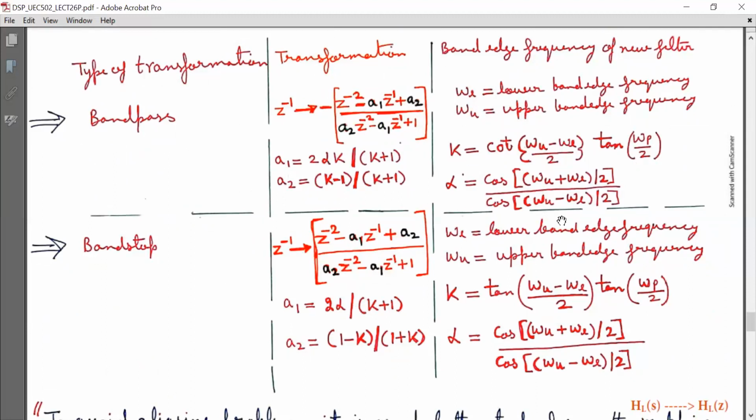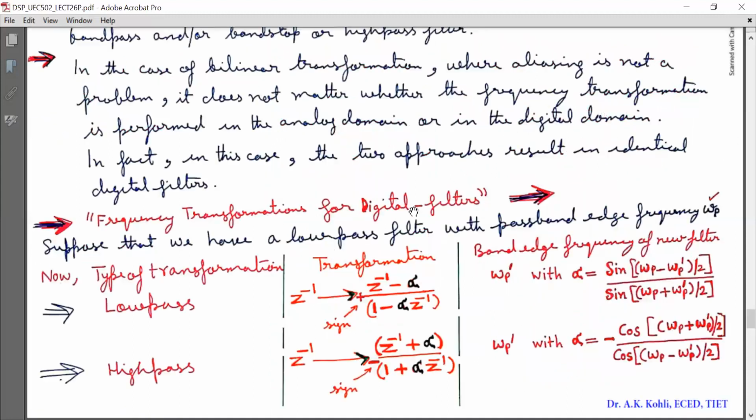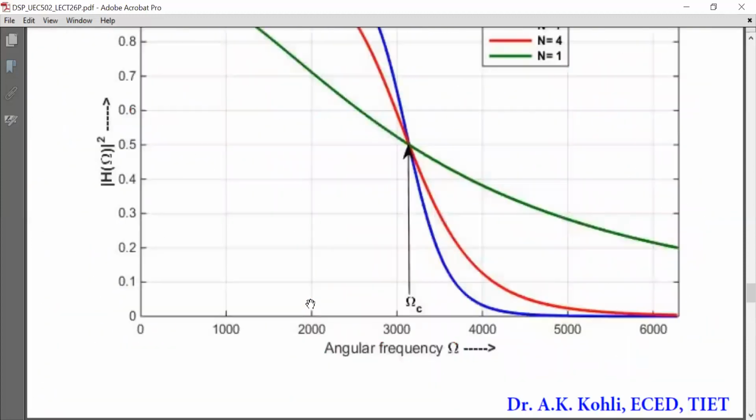And these are the parameter values which will be given to you. That is all happening in the digital domain, because we are replacing Z inverse with this expression in designing. So this is very important, because we can transform a low pass filter to any other type of filter in digital domain.